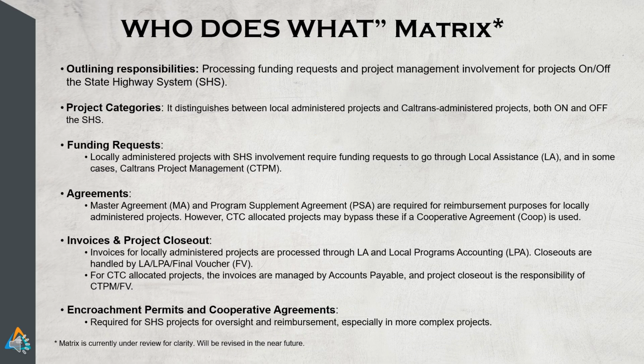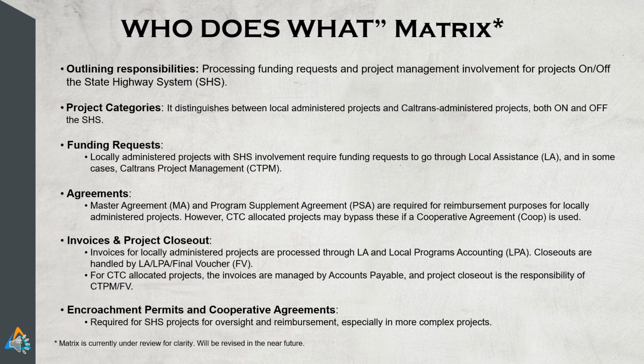Currently, projects are categorized by locally administered projects and Caltrans administered projects, both on and off the SHS. Locally administered projects with SHS involvement require funding requests to go through local assistance, and in some cases, Caltrans project management. Master agreement and program supplement agreement between Caltrans and local agencies are done by local assistance.